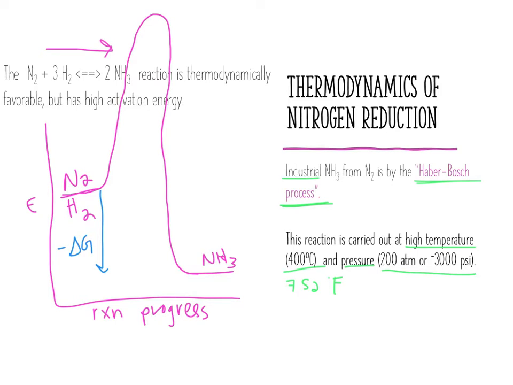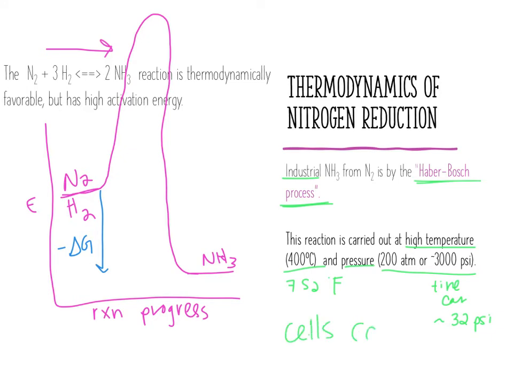For reference, the pressure in your car tires is probably about 32 PSI. Extremely high temperature and pressure to get over the activation energy barrier. It's a very environmentally harsh, environmentally unfriendly process.